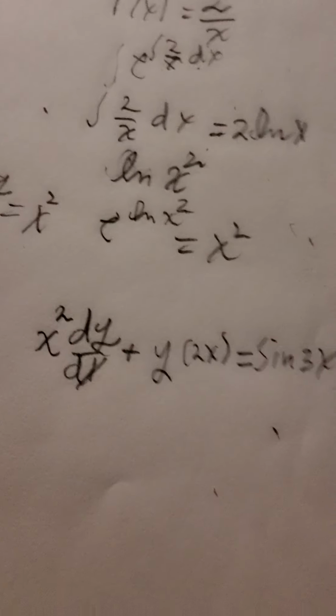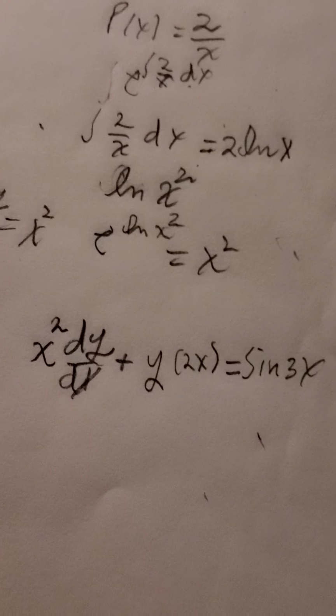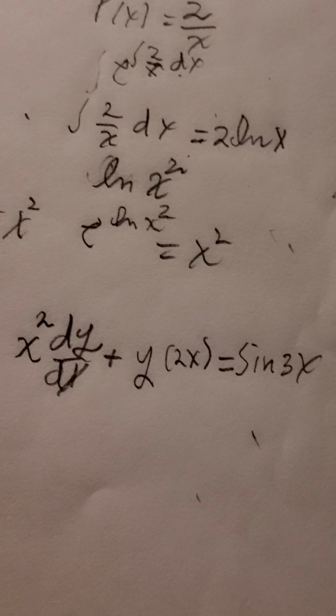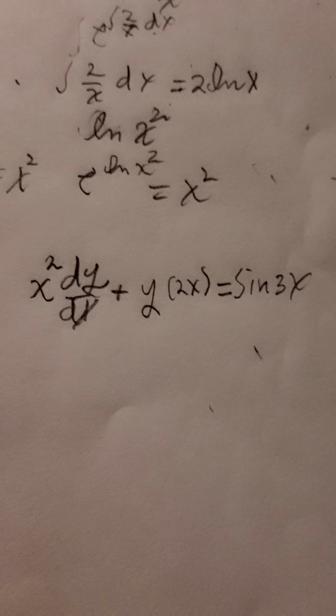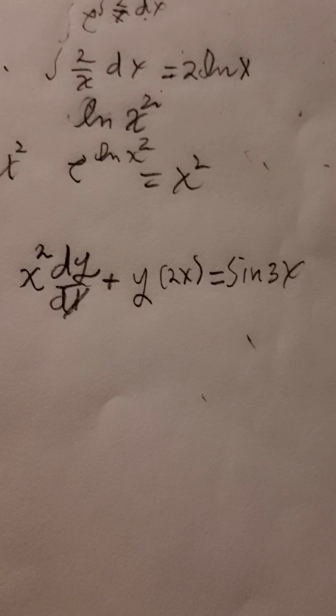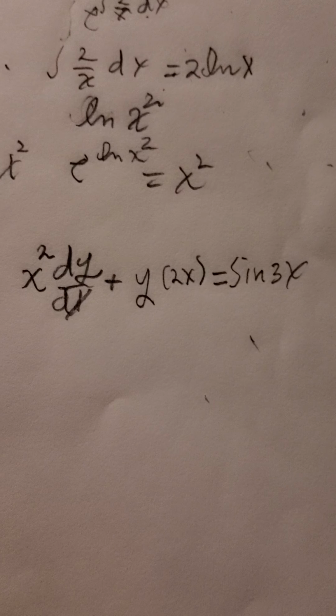This is better, more clear, easier to see. So you have x squared dy dx plus y times 2x equal to sine 3x.